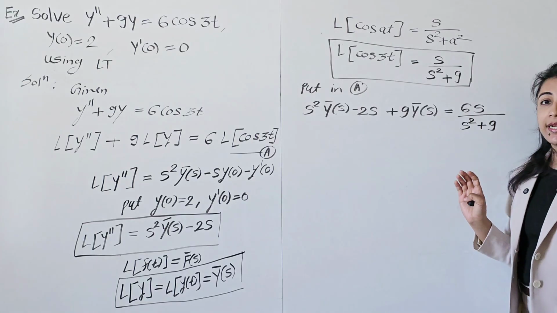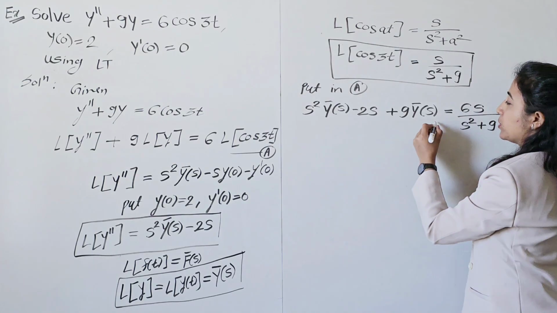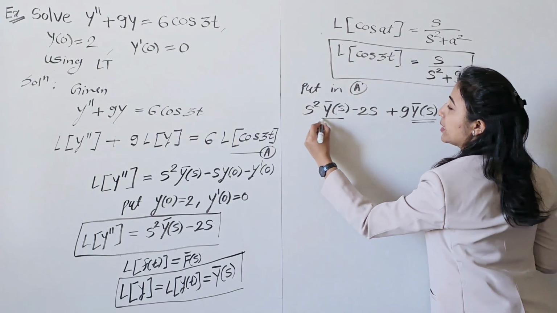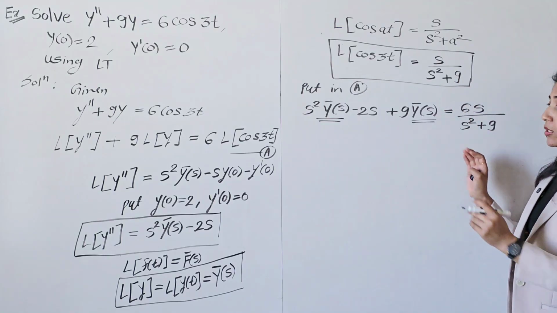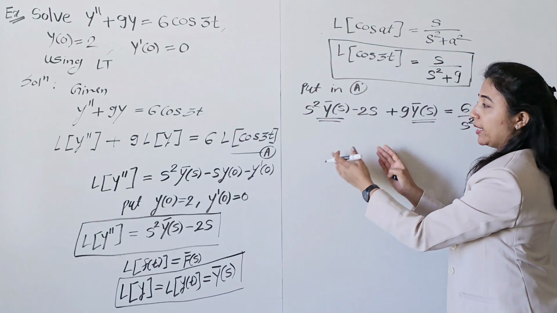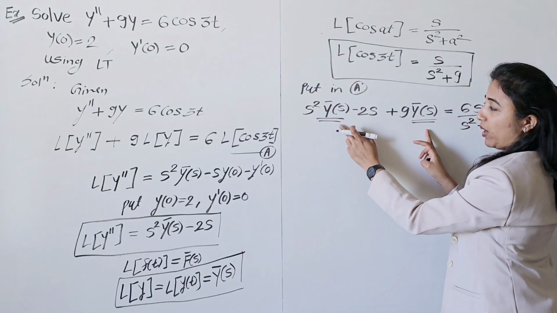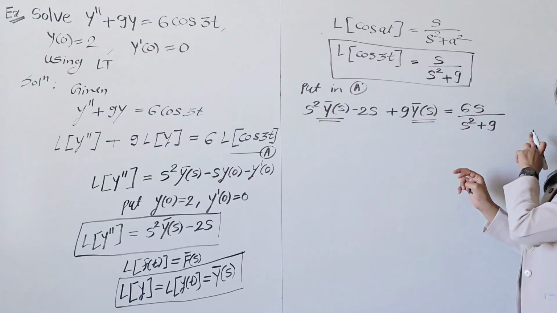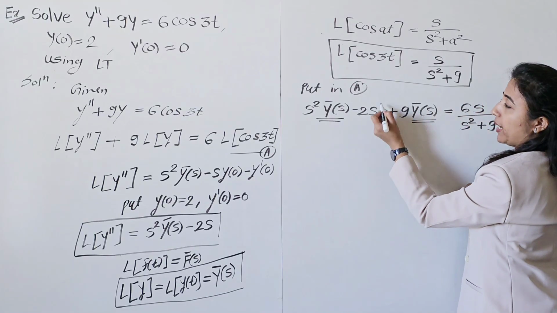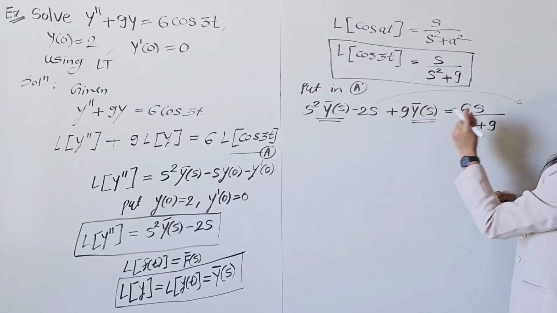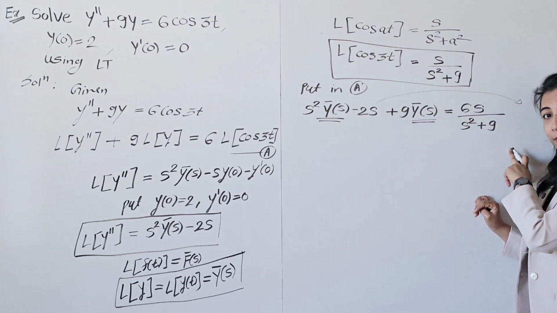In the next step, collect the terms of y bar of s. This term contains y bar of s, and this one also contains y bar of s, so keep these terms on the left side. The remaining term without y bar of s you can shift to the right side. This 2s we have to shift to the right side, and the minus quantity when shifted will be plus.